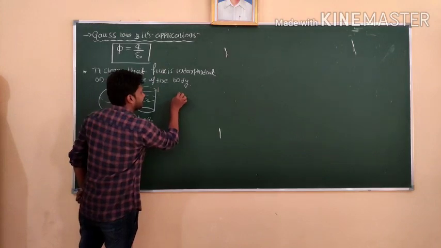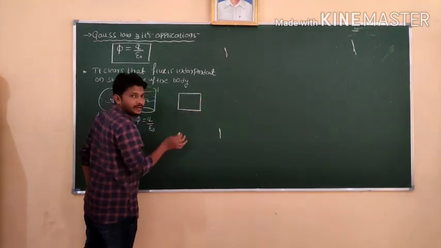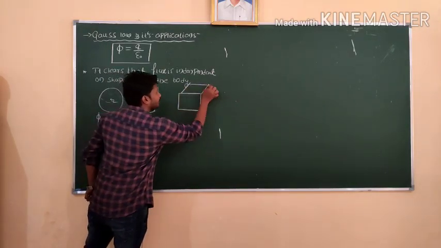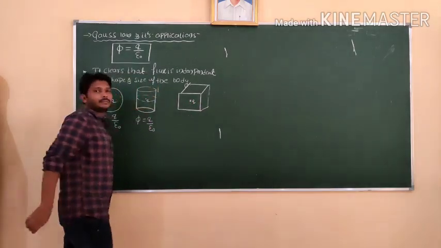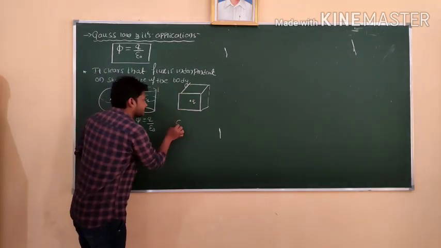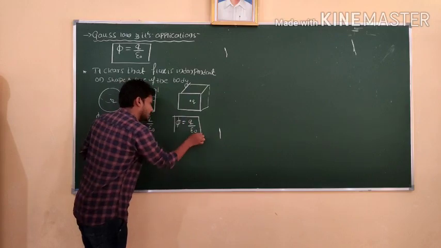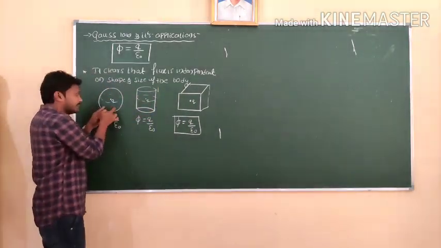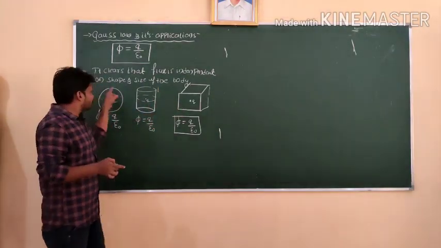For example, if I take one cube here, I will place one charge particle here. What is the flux value here? Flux phi is equal to Q by epsilon naught. So from this we come to know that the flux value remains the same for the cube, for the cylinder and for the sphere.